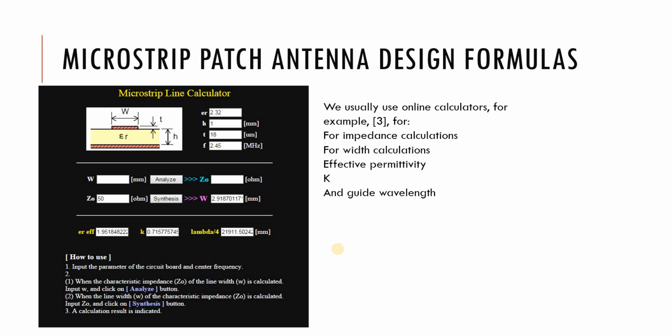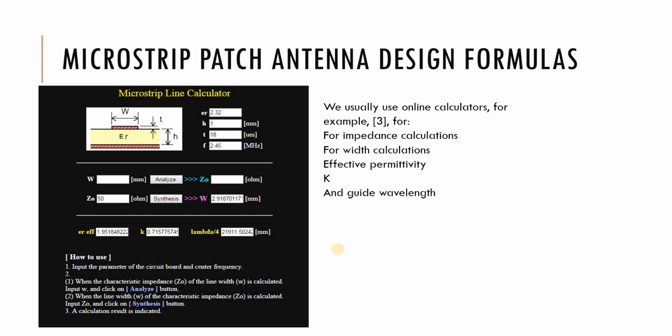There are tools like online calculators for a microstrip line or microstrip patch antenna, where you can put in the permittivity, the height of the substrate, the thickness of the metal, and the frequency of operation, and you see the effective permittivity, the K, which is the propagation constant, or the W, which creates the 50 ohm microstrip line for you.